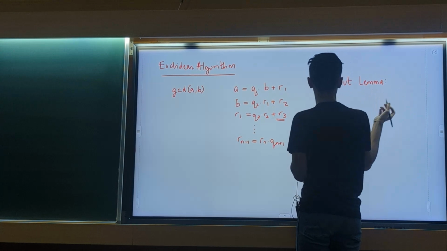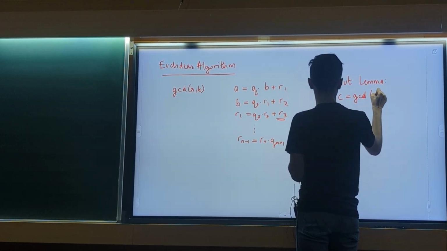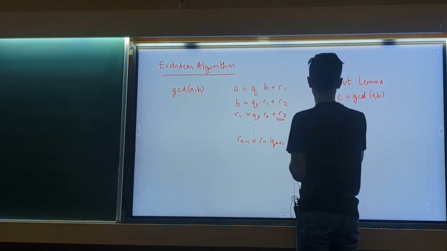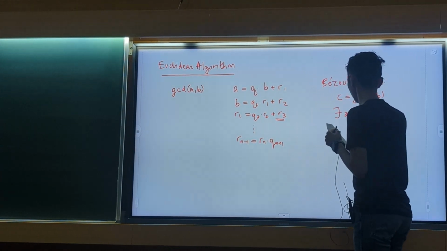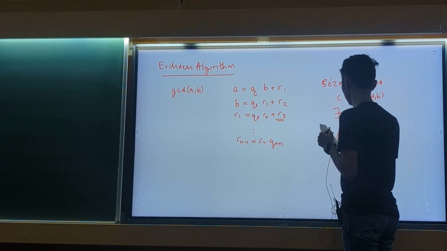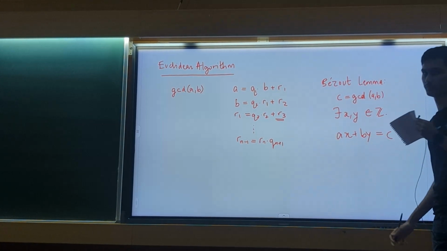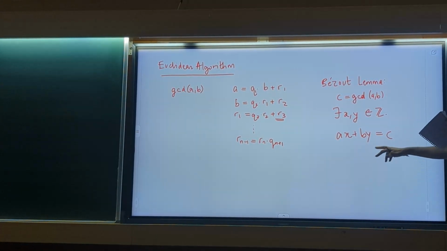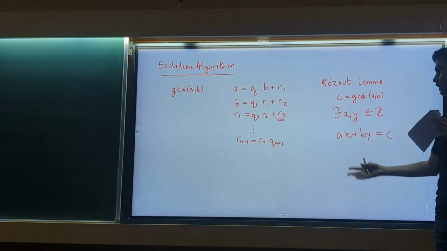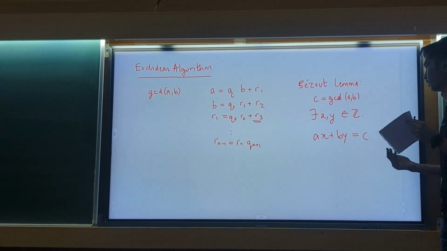It says that if c is the GCD of a, b, then there exist integers x, y such that ax plus by is equal to c. And to find the integers x, y, we use the Euclidean algorithm in reverse. I'll demonstrate that right now.